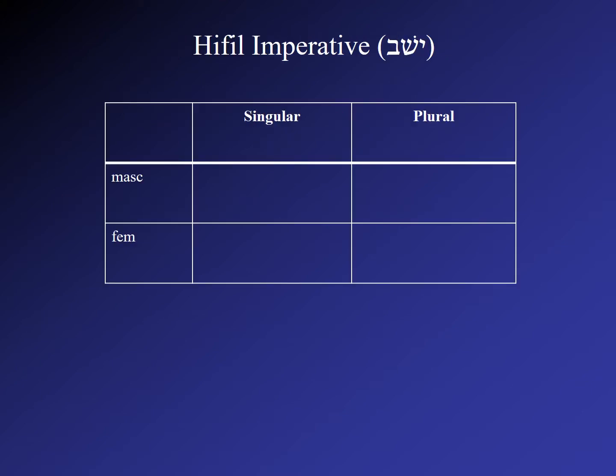Now this comes into play in the forms of the Hifil. So let's start with the imperative. The Hifil imperative masculine singular of yashav is hoshev. Here you see that the yod of the root, yashav, has reverted to its Proto-Semitic vav. So we get hoshev.